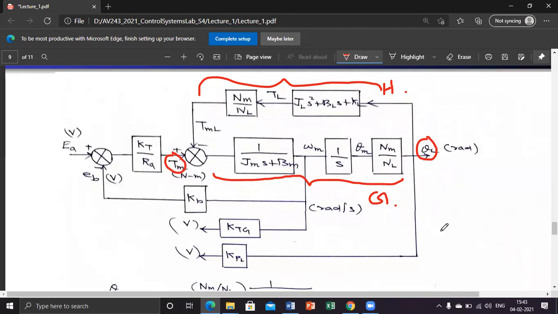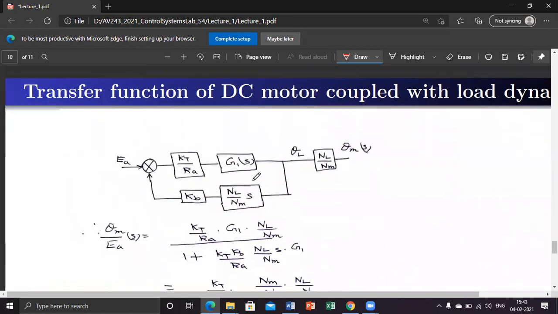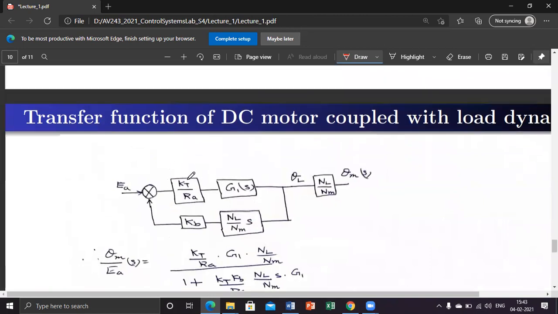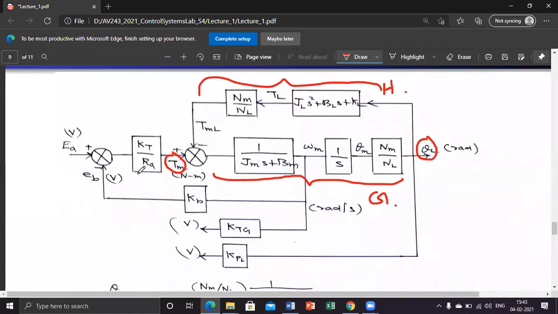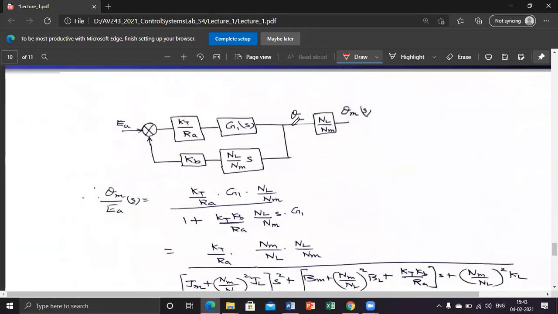Now the requirement is to close the total loop. That is what is given here. G1 is taken here. The remaining thing is KT by RA. This KT by RA will come, and whatever you have, theta L is here.